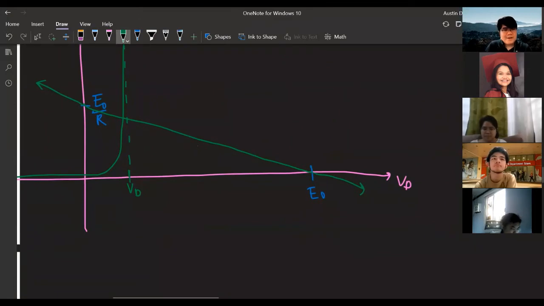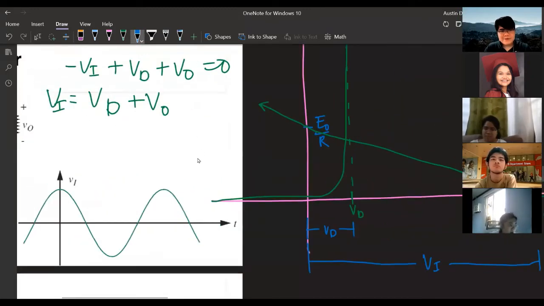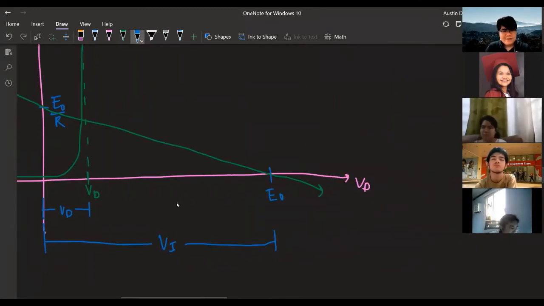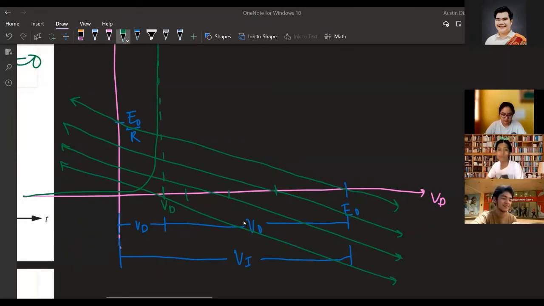And if this is my maximum VI, and this is my maximum VD, by this equation, alam ko na yung matitira ay V0. Okay. So, naputol daw ako kanina sa may maximum voltages.